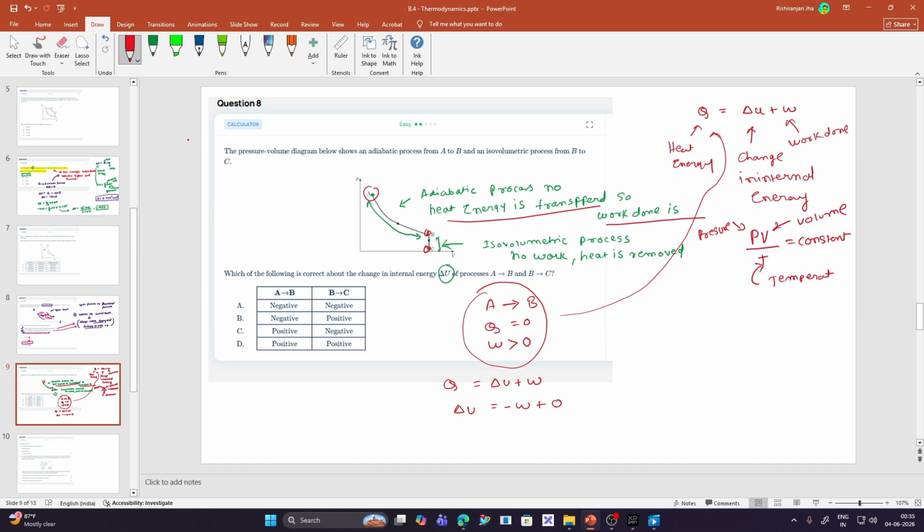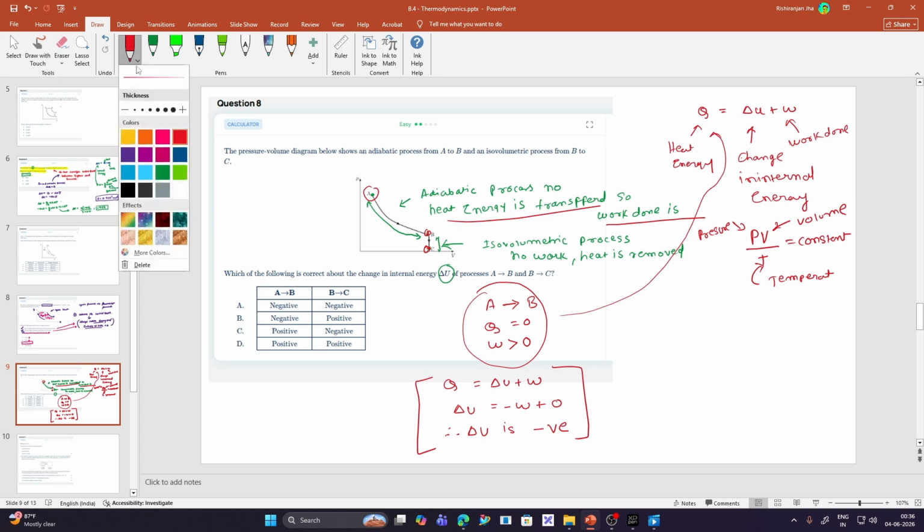So we understand that delta U is negative. So we have solved the first part, from point A to point B, which is the adiabatic process, in which the heat energy transfer is 0 and work is done. So we have concluded that delta U, the change in the internal energy from process A to B, will be negative.